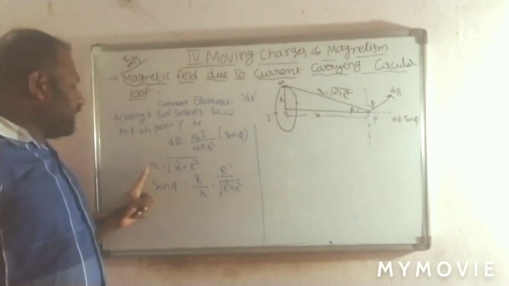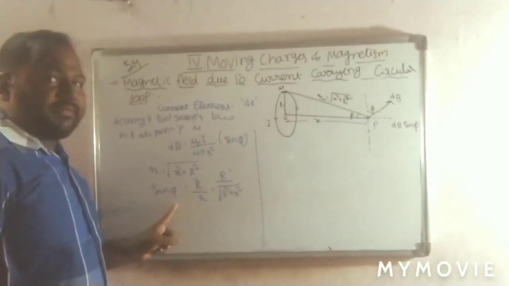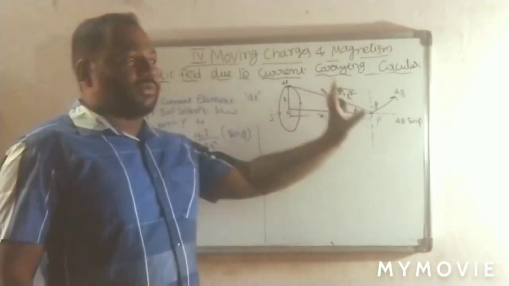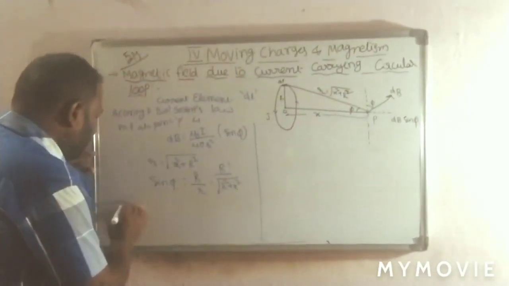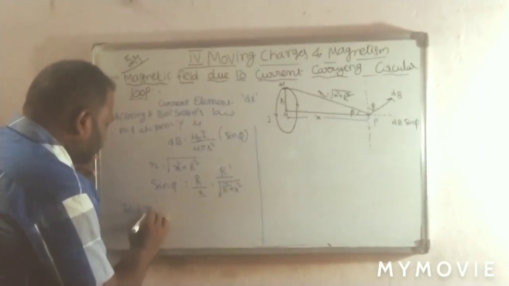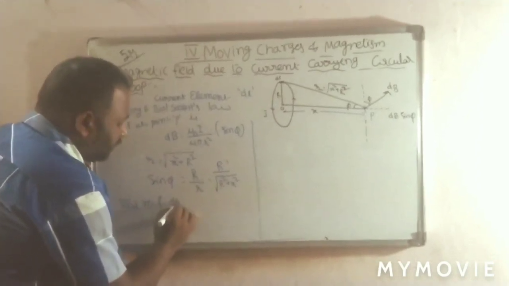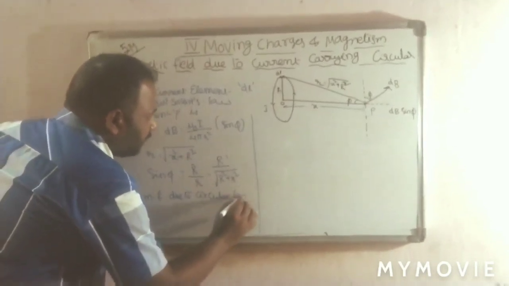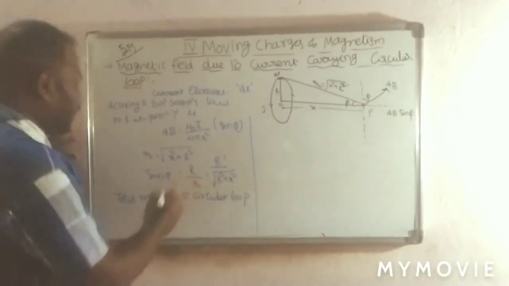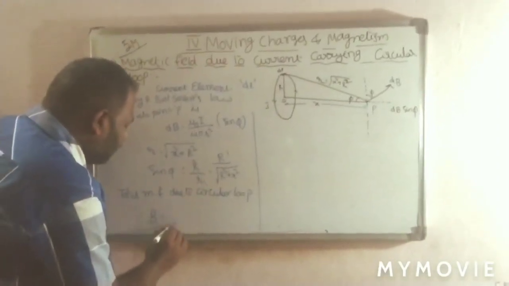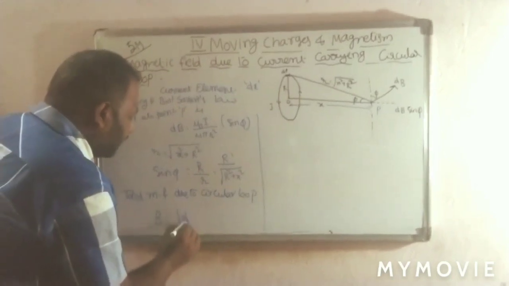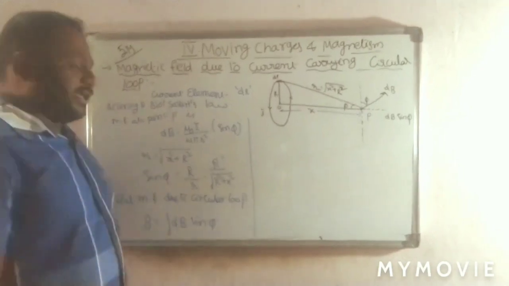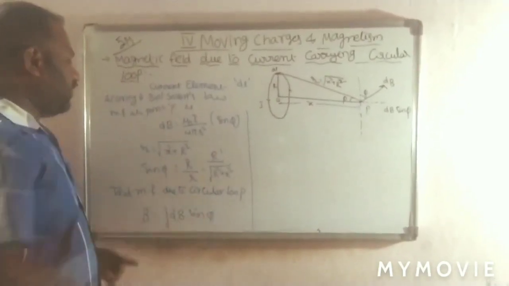Now this is the small r and it is the sin phi, and here dB is the magnetic field due to dl only. Therefore the total magnetic field due to the circular loop is B equals integral dB sin phi, taking integration on both sides.